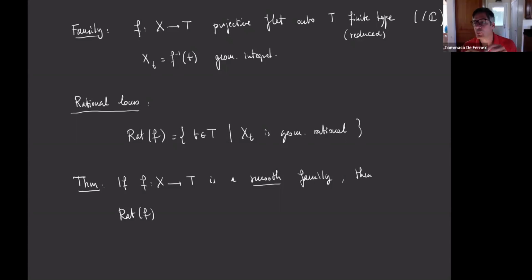Yeah, I mean, a non-closed point. T could be bigger, not just a curve. We could look at families over a surface or families over a bigger dimensional scheme. And then this condition becomes relevant over the non-closed points. Oh, okay, I see. Over the closed points, it's already clear, so you don't need to worry about that. Okay, thank you.